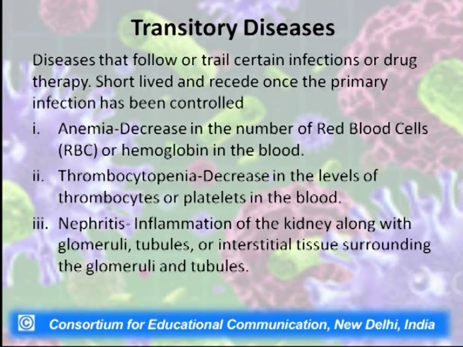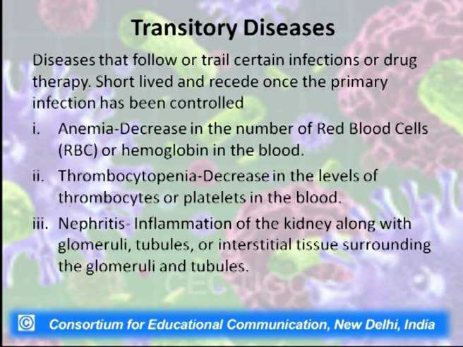Some of the very important transitory diseases are, number 1, anemia. Here there is a decrease in the number of red blood cells or hemoglobin in the blood. As I just told you, it is transitory in nature, generally following most diseases, so a person is found to be anemic, and as the symptoms of the primary disease are removed, the person comes out of anemia automatically.